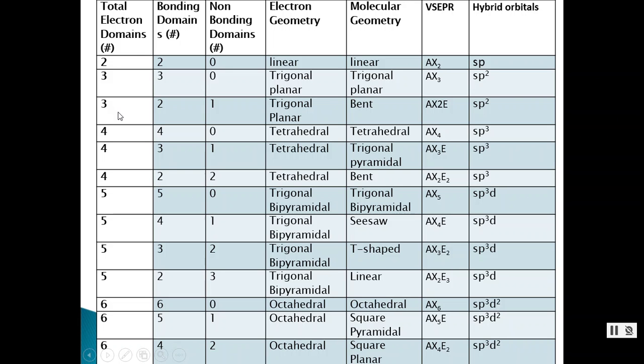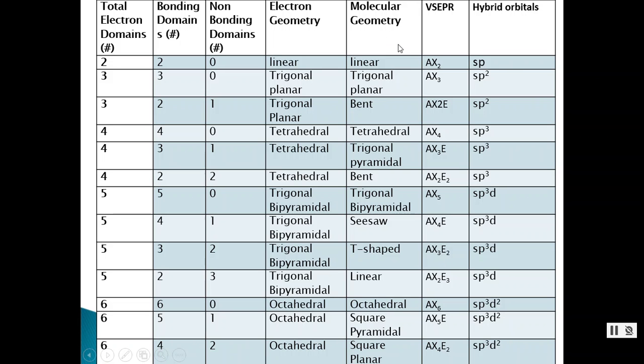Species that have 3 electron domains, regardless of whether all 3 domains are bonded or you have 2 bonded and 1 lone pair, both of these geometries have 3 electron domains, so they better have 3 orbitals available for bonding. And so to get 3 hybrid orbitals, you have to have 1 s and 2 p's to give you sp2. And then you can use a similar thought process with the remaining VSEPR notations and hybrid orbitals.